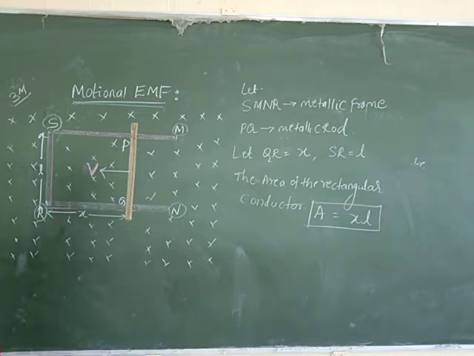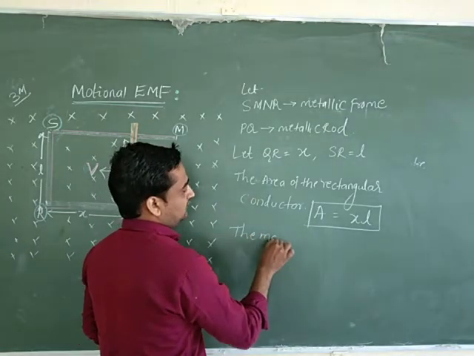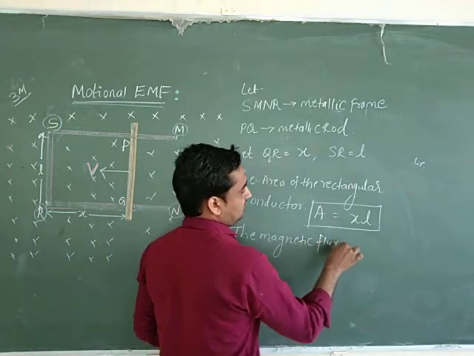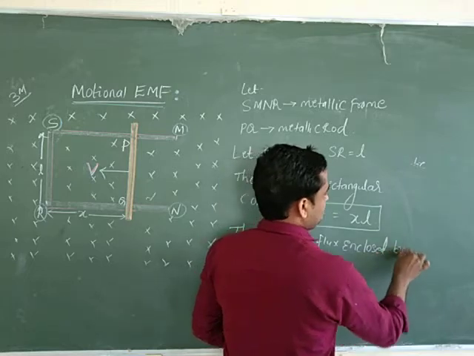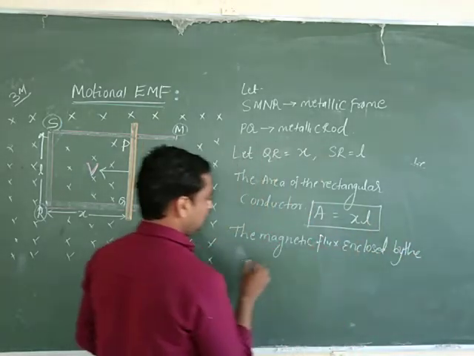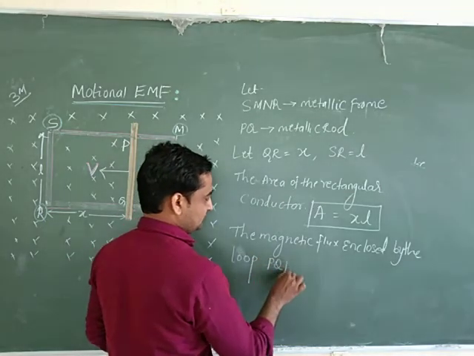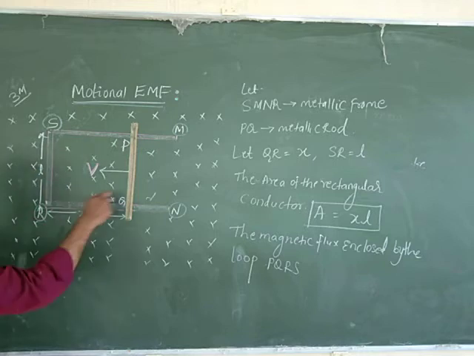Again from the definition of magnetic flux, the magnetic flux enclosed by the loop PQRS, we need to calculate.